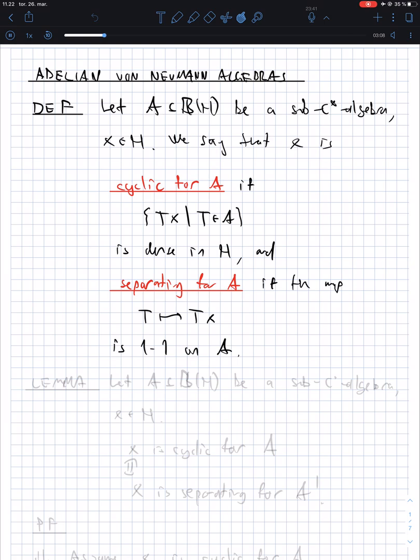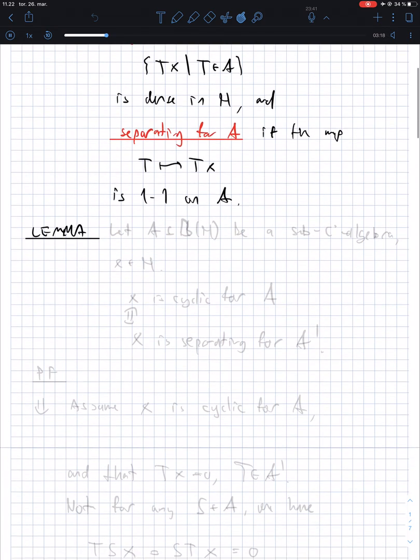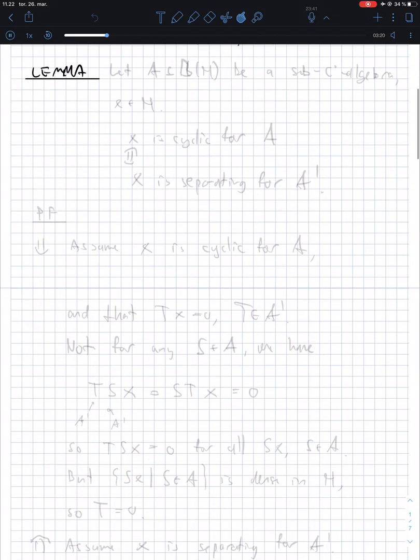And we need a lemma, which is interesting in its own right, but we're only going to use it in the context of Abelian von Neumann algebras.